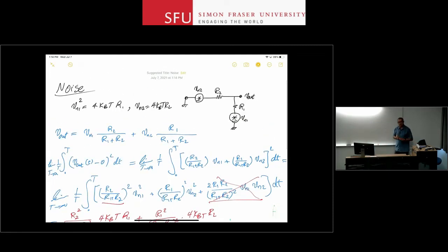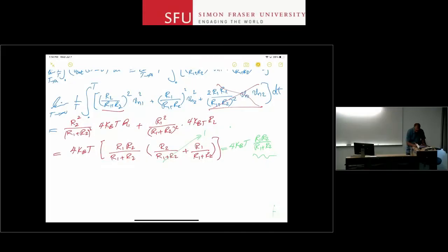What does that mean? Well, look at that circuit. I have R1 and R2. If they were noiseless resistors, ideal resistors, you could see that I had R1 in parallel with R2. We went through all this calculation. Look at this combination. This is R1 in parallel with R2. So the noise, VO noise squared, is 4 kBT times R1 in parallel with R2.